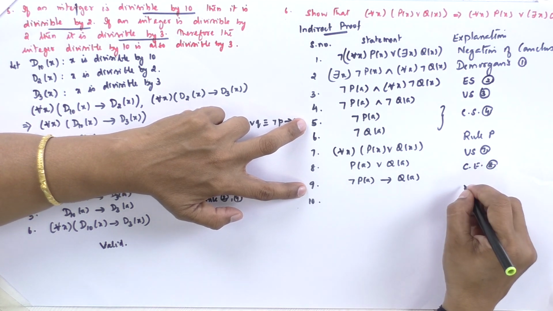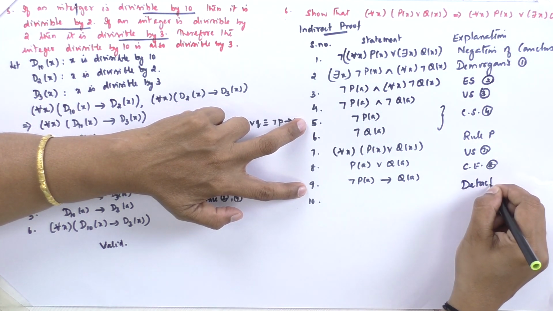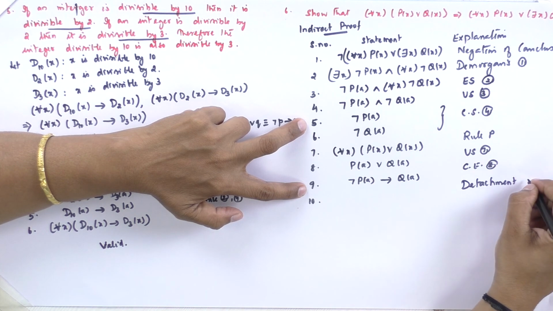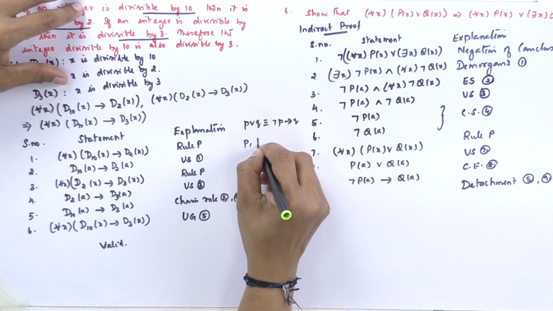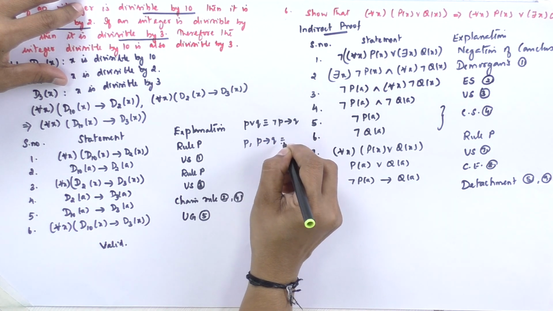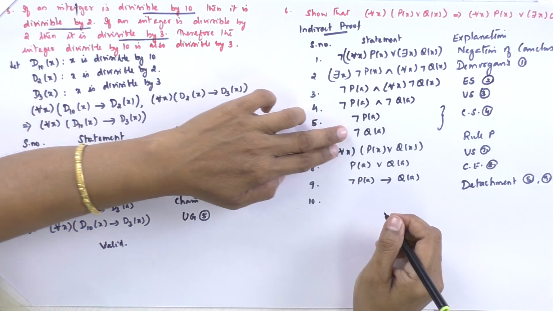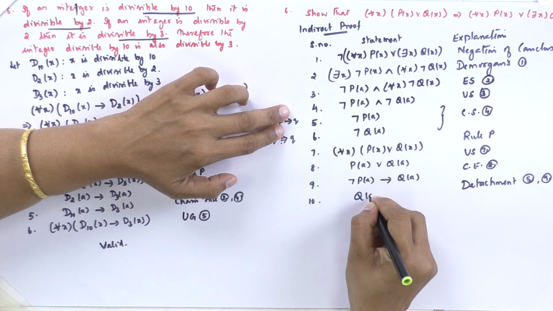Yes, the law of detachment on 5 and 9. The law of detachment says that P, and P conditional Q, gives us Q. Therefore it will be Q of A.